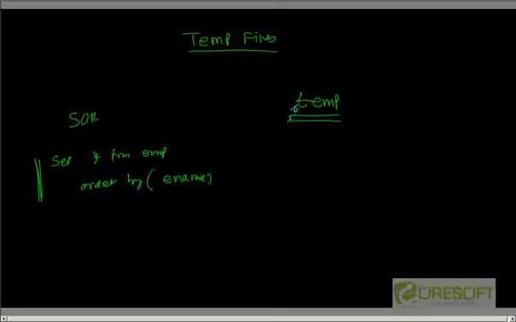That is the use of a temporary file. We can always create a temporary tablespace, which will be attached to a temporary file, and any sorting operation like this is always going to be done on that temporary tablespace, that means on that temp file.